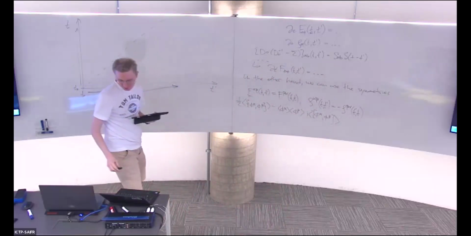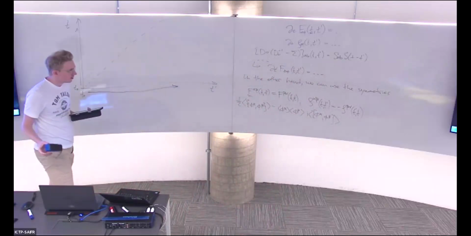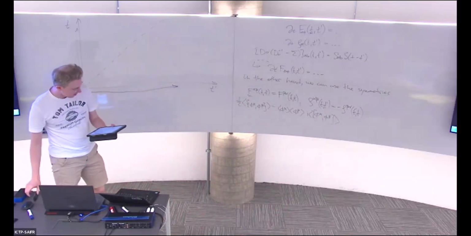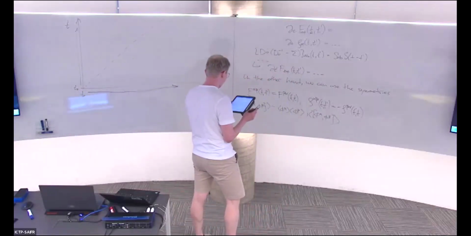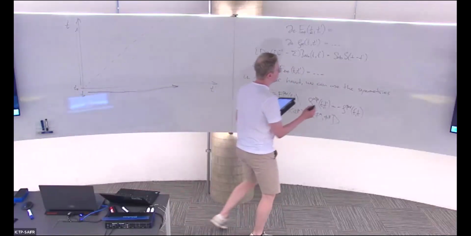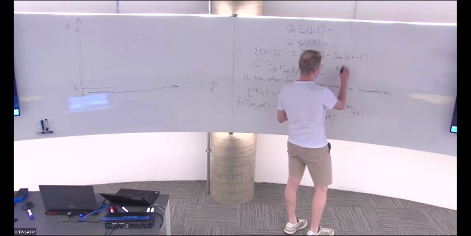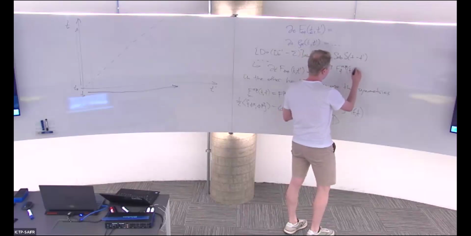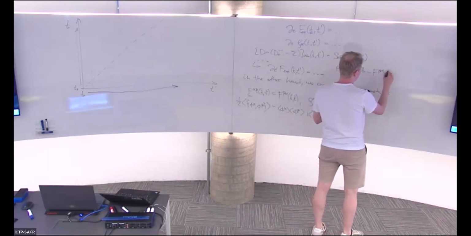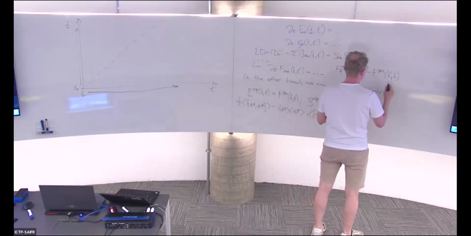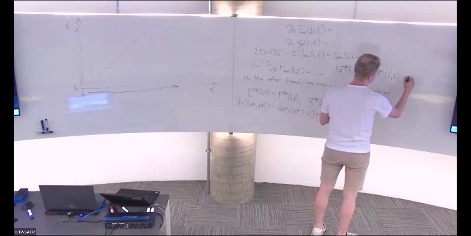And for the fermions, it's actually the opposite. So for fermions, we have minus the commutator, and likewise.